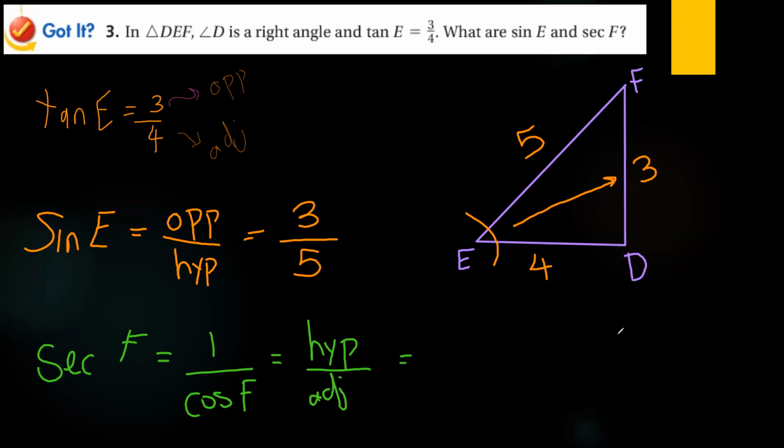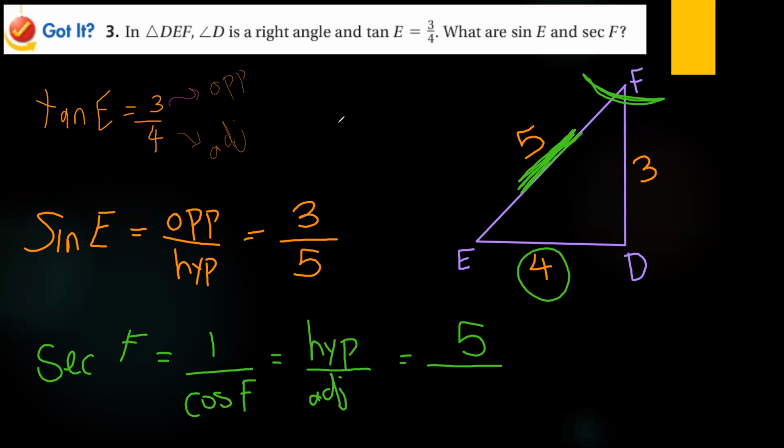Now I need angle F. Where is the hypotenuse of angle F? It is 5. And where's the adjacent side for angle F? It's 4, no, sorry, 3, right? 3. Yeah. So the secant of F will be 5/3. Is it clear? Yes, teacher.